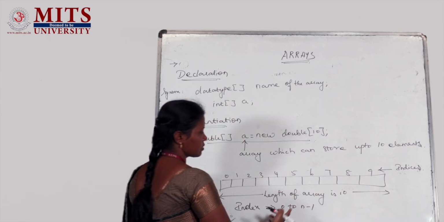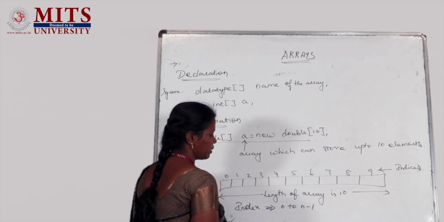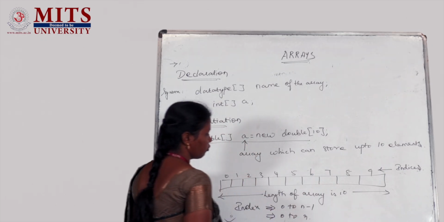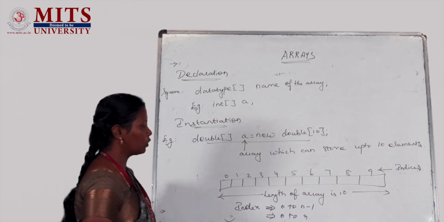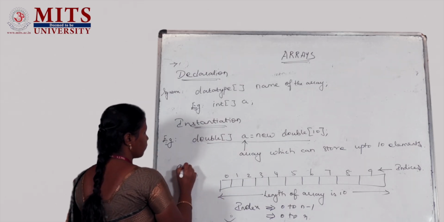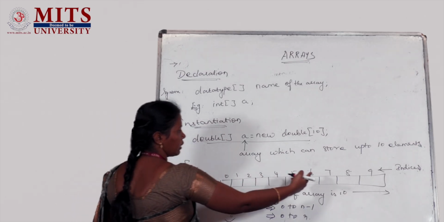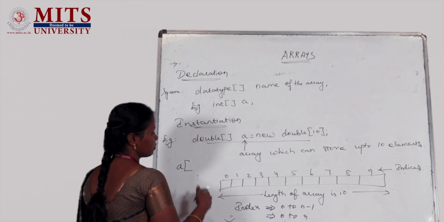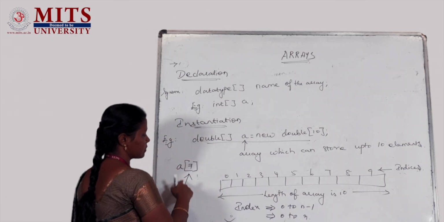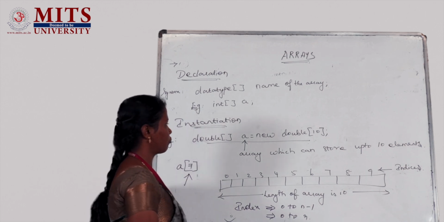So in this case, we are having totally 10 elements, so its index will be from 0 to 9. If you want to access an individual element of an array, we can represent it by means of the index. For example, if I am going to access the 8th element, I have to give a of 7. So this is how we can access the element at a particular index of the array.